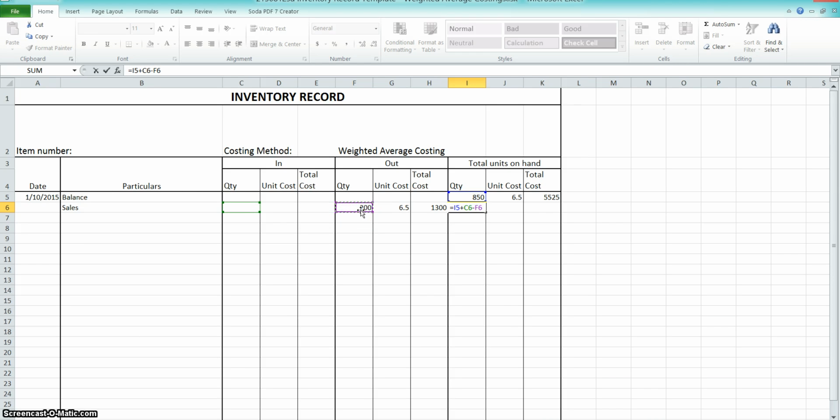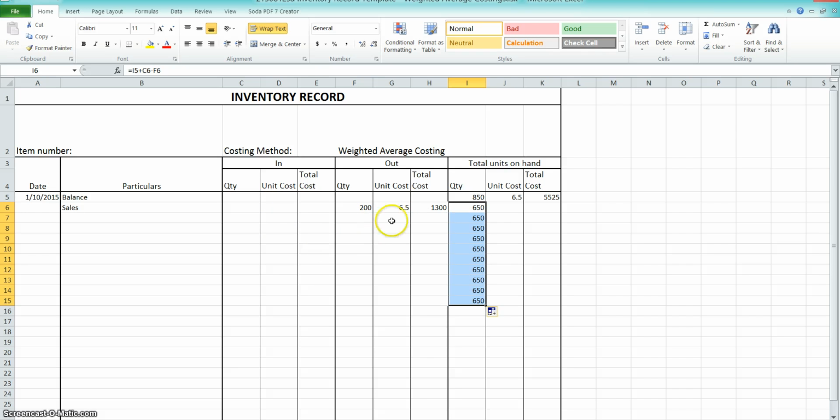As you can see, we had nothing in the in column, but we've got 200 in the out column. So what we're expecting to see is 650 in our quantity. It's really important that you use formulas in the exam because it'll just save a lot of time. Because now I can just click and drag that down. And then as we put data in these columns, it'll update automatically for us.